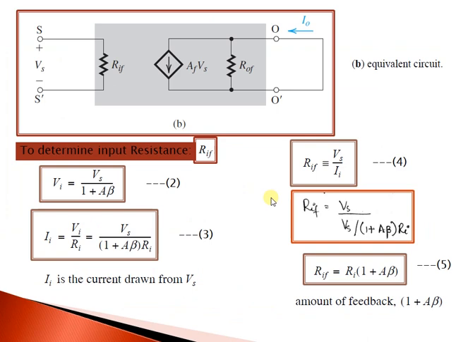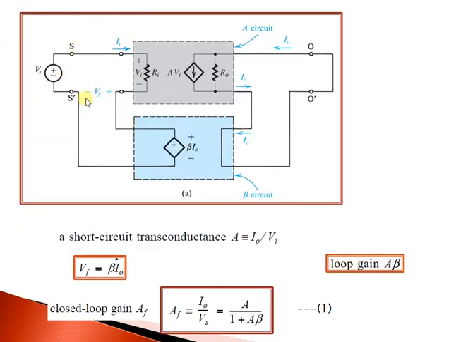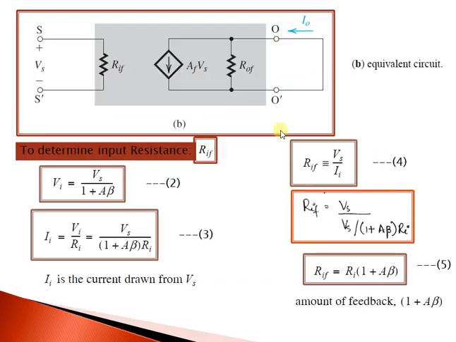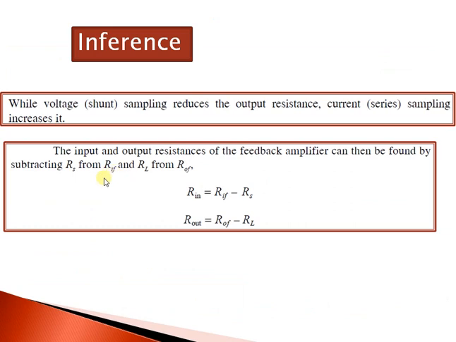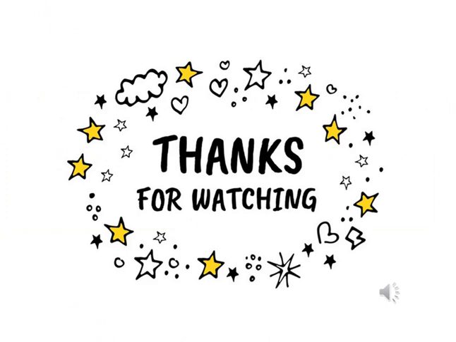That is because, if you look at the circuit here, we have not considered the resistance RS connected in series with the input side and the resistance RL connected to the output side. So if we have RS and RL, we have to subtract those values from RIF and ROF respectively to obtain the actual values of input and output resistances of the feedback amplifier.